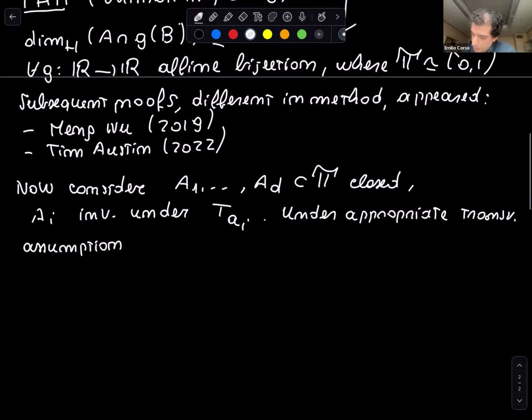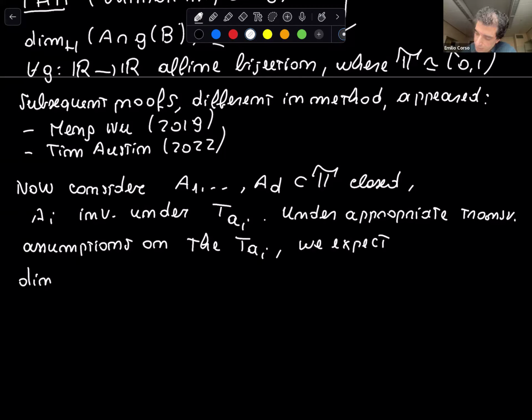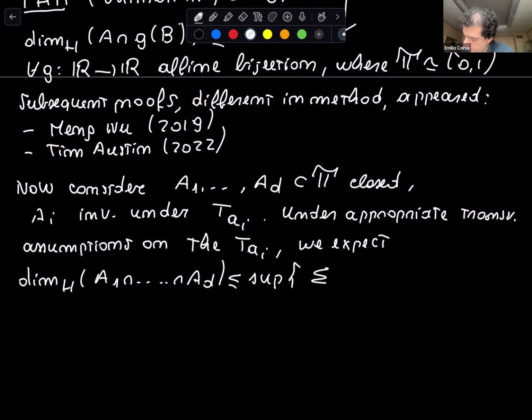So under appropriate transversality assumptions on the TAI, we expect a generalization of the intersection conjecture, which is now a theorem. On the TAI, we expect the analogous version so that the Hausdorff dimension of the intersection is bounded from above, this time by the supremum of the sum of the dimensions minus d minus 1.